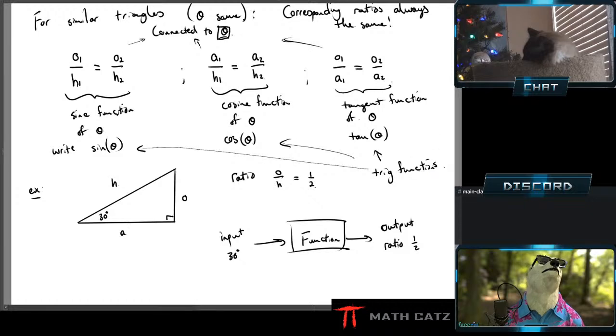Our calculator differs, of course, from one person to the next. There are so many. I'm using MathBot as a calculator, which is also different. But regardless, be aware of where these buttons are on your calculator.